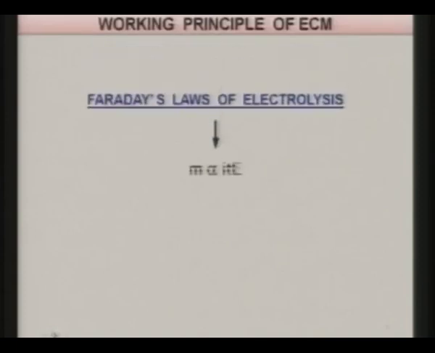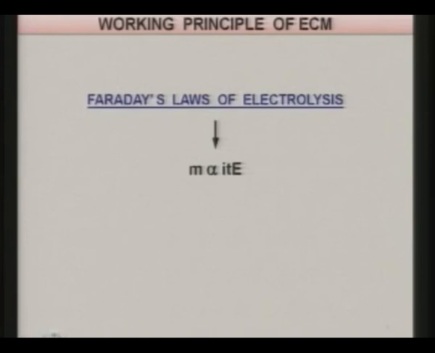Let us discuss the working principle of the electrochemical machining process. Now, Faraday's laws: according to the law of Faraday, material removed during electrolysis is directly proportional to the current flowing in the circuit, time of machining, and chemical equivalent of the workpiece material, that is the anode, during the electrochemical machining process.